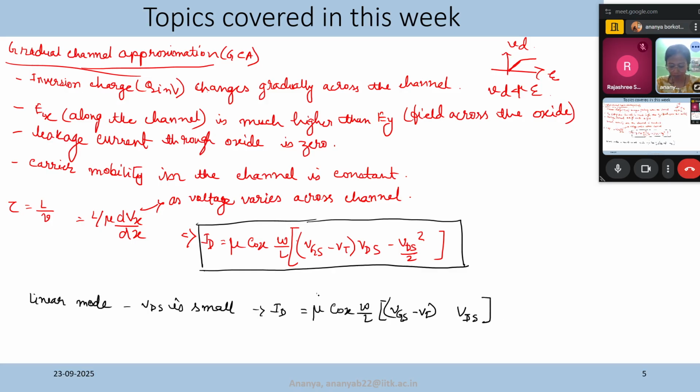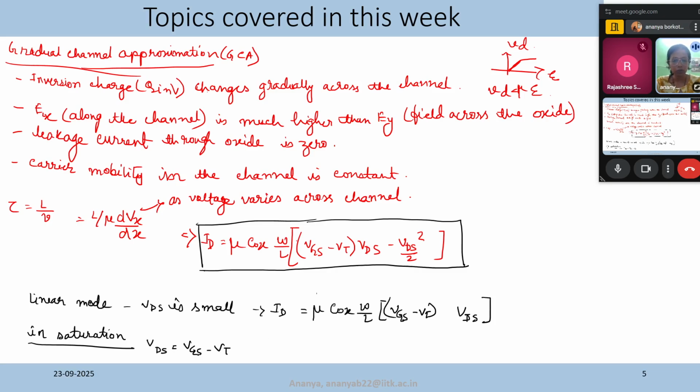What happens in saturation? We said that after the point of saturation, our current does not increase, current is constant. And what is the point of saturation? When our VDS is equal to VGS minus VT.